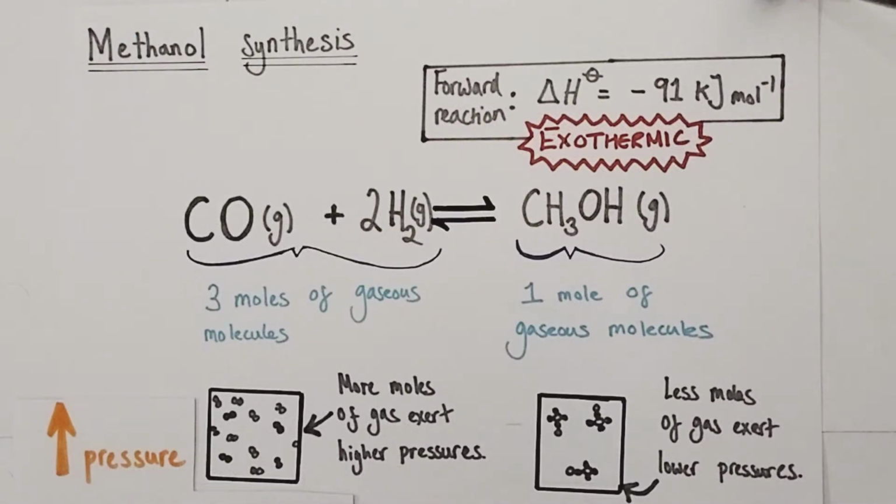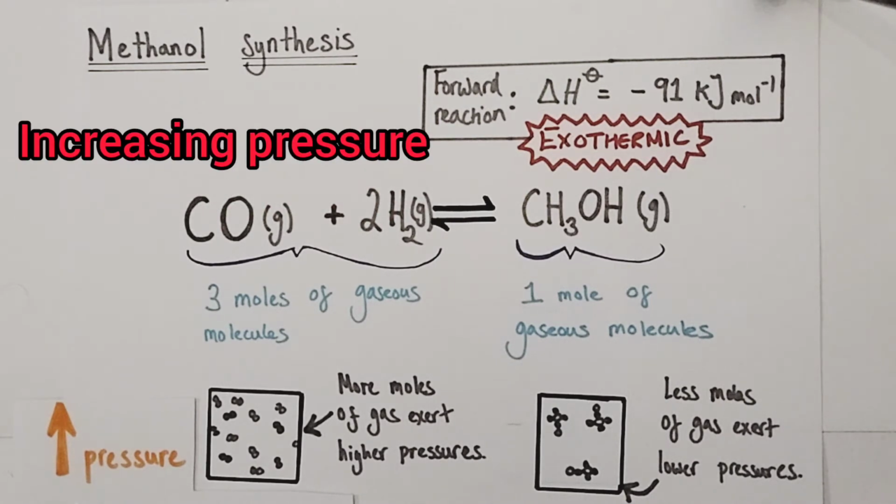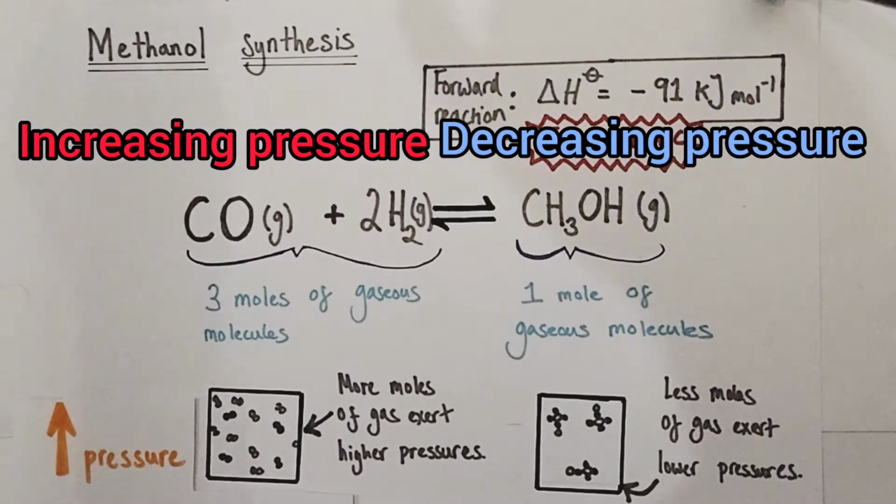Okay, now let's look at pressure as a different external condition we can impose. If we were to increase the pressure on this particular dynamic equilibrium reaction, how would the reaction respond according to Le Chatelier's principle? Effectively, what is the opposite of increasing pressure? Well, the opposite of increasing pressure would be to decrease the pressure.